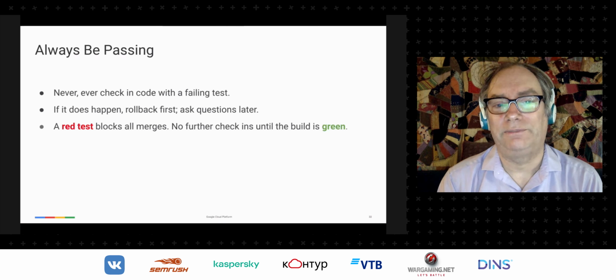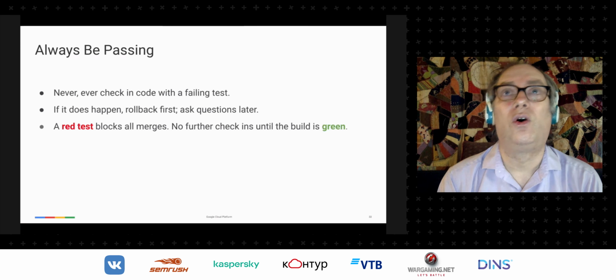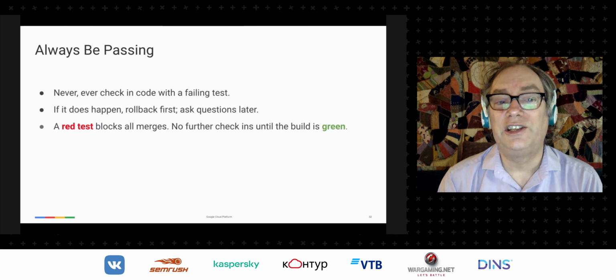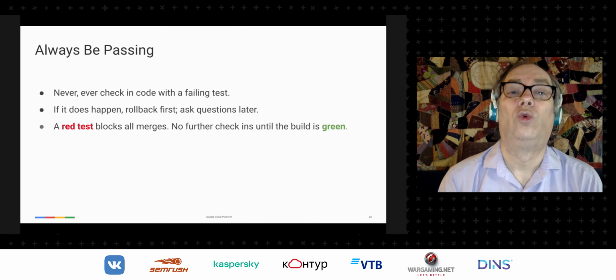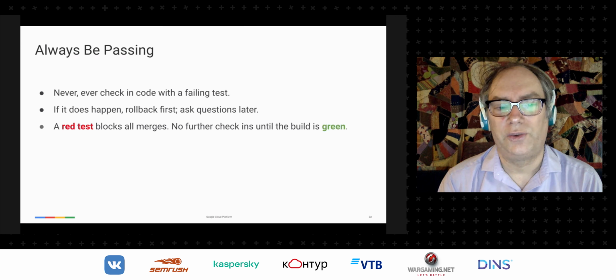Always be passing. If your test fails, don't check the code in. That's a really important principle. If by accident or malintent, for whatever reason, someone does check in code that breaks the build, roll back first, ask questions later. Don't try and fix the problem. Roll back the PR that was submitted that caused the build to break. And then you're not in an emergency situation.